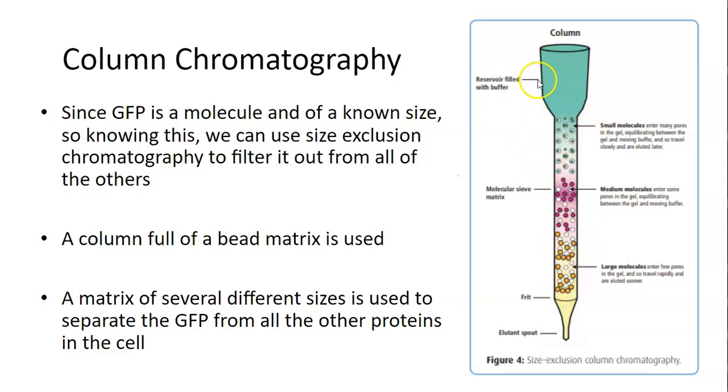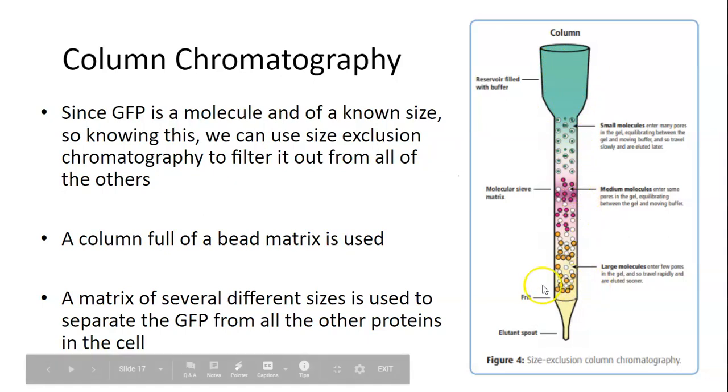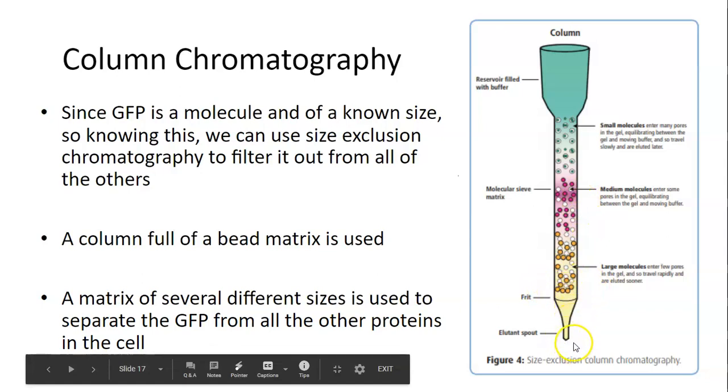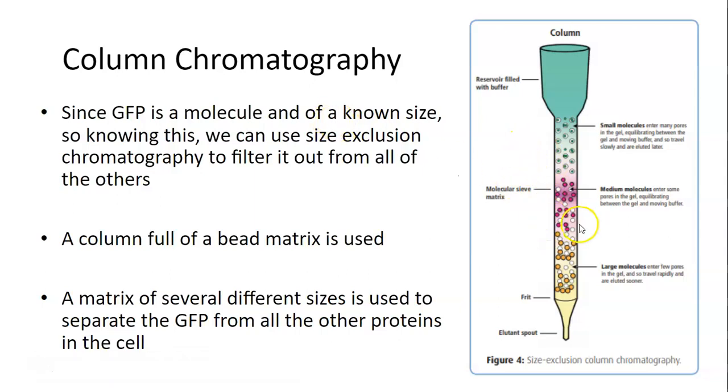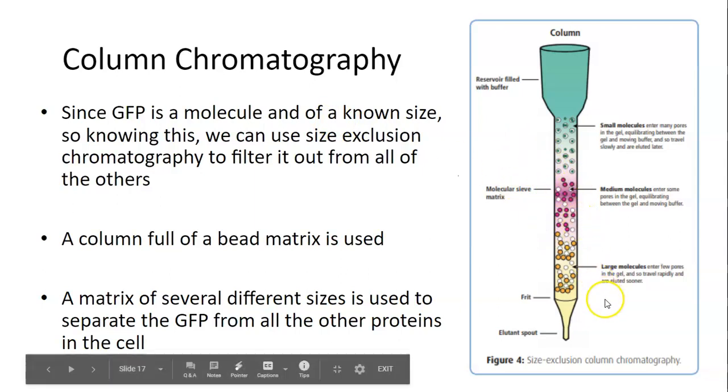So the idea is if you add it all up here at the top, based on the size of your protein, it's going to make its way through at a different speed, where the big fat molecules will end up coming out first, then the medium, and then the small. So if you know what size your protein is, you can kind of gauge when it should be coming out. And then you basically put your little tube underneath and collect the fraction or the piece that you actually want. So that's the underlying concept of size exclusion chromatography.